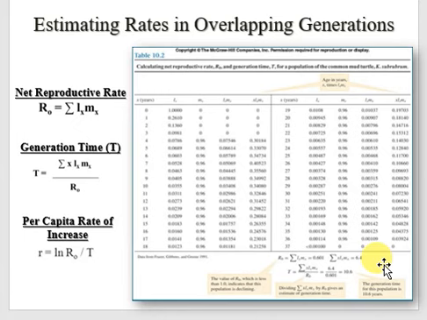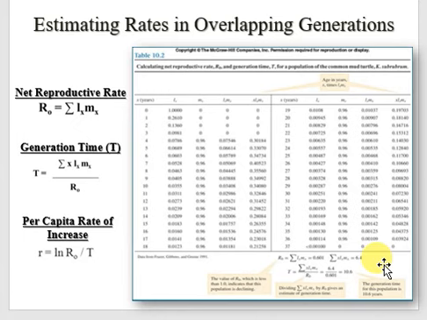Because we're using these overlapping generations, we can go on to calculate something called generation time. Generation time is found by basically summing your lx, mx, and x values, right?